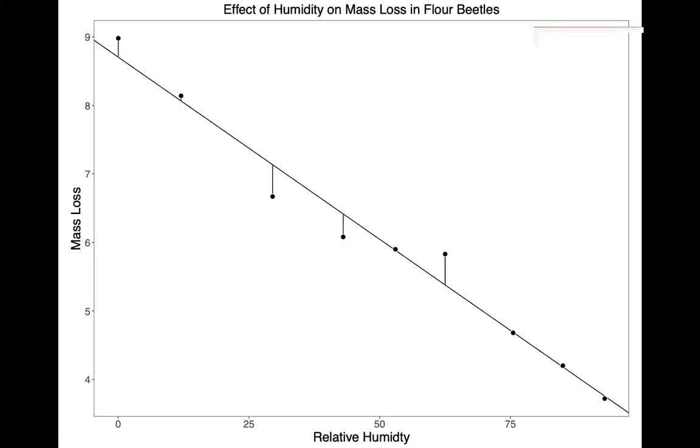Let me go back here. I went back too far. If all of the variation in Y was explained by variation in X, each of these dots would be on the line. This dot would be on the line, this dot would be on the line, this dot would be on the line, this dot would be on the line.